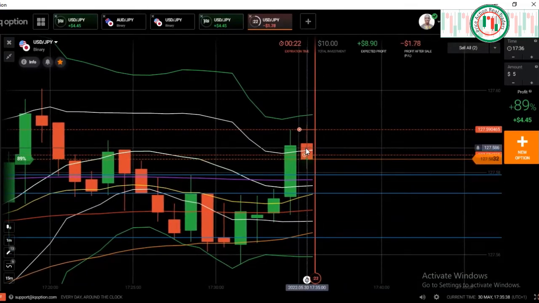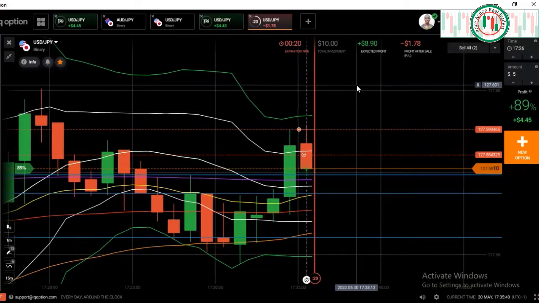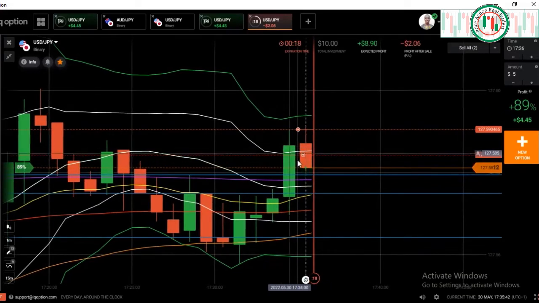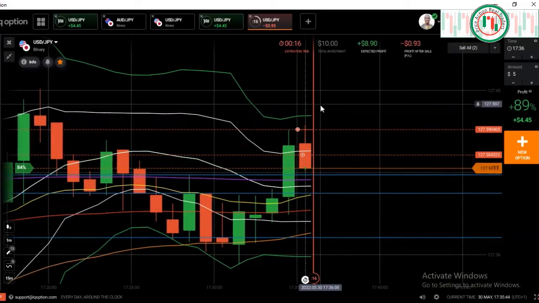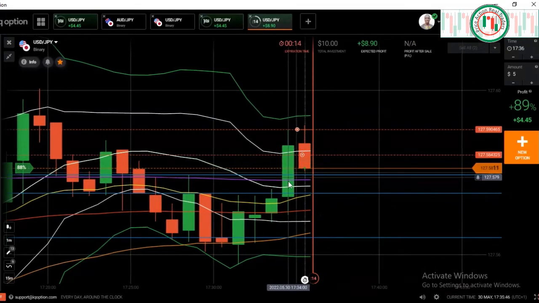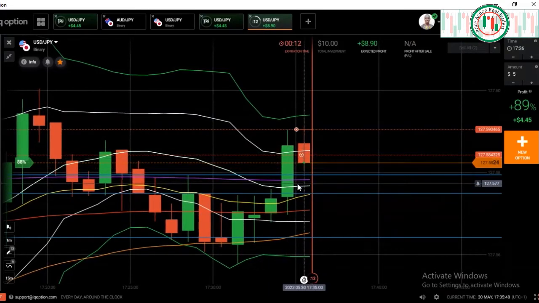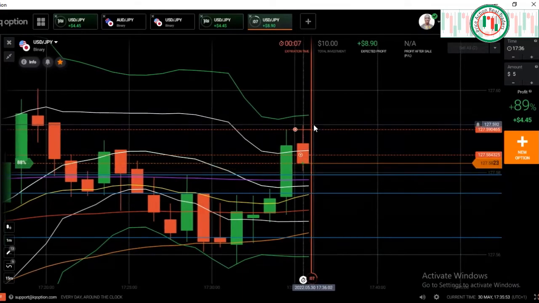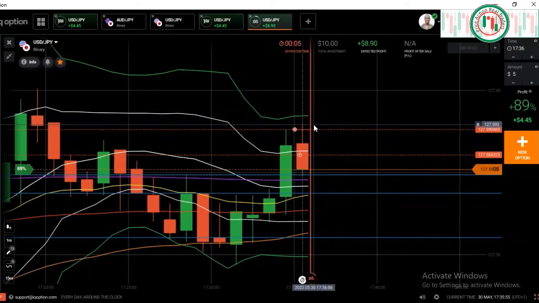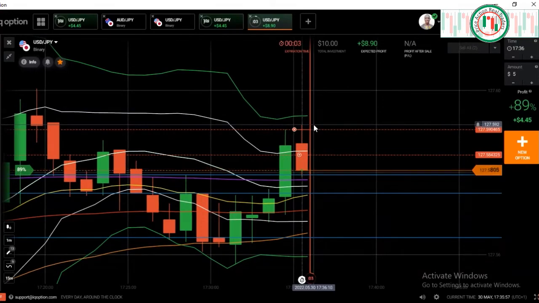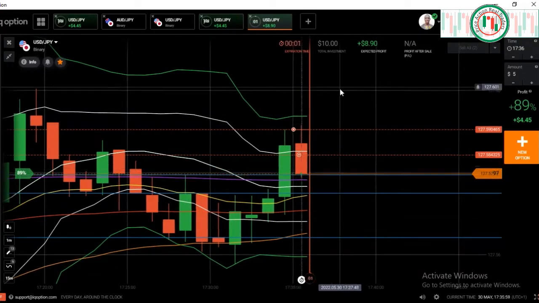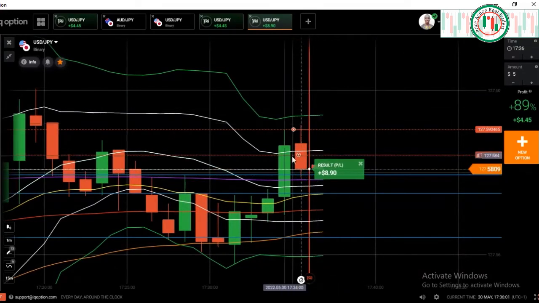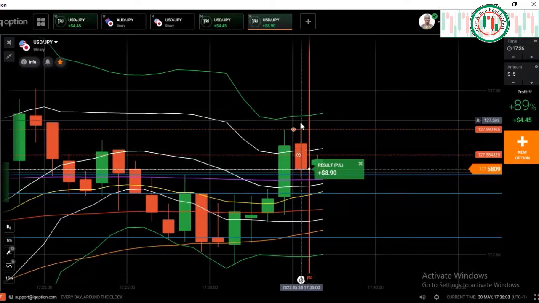I know this candle must be huge. It must be strong candle because you see this candle is strong, so this candle must be strong. Market is doing panic, but I know it must give me winning trade. You see this candle is strong, so that's why I place my trade here.